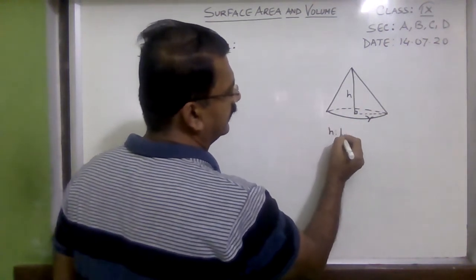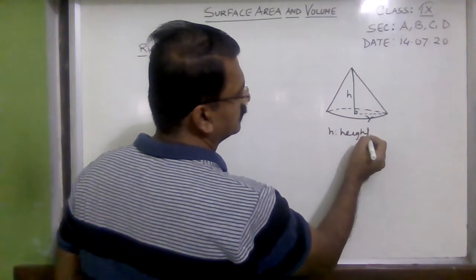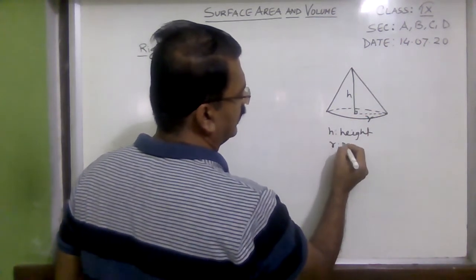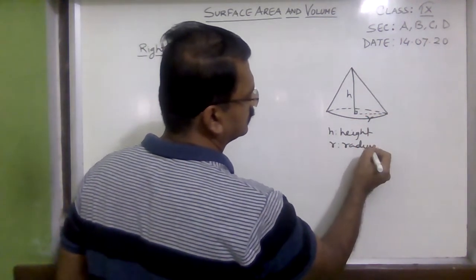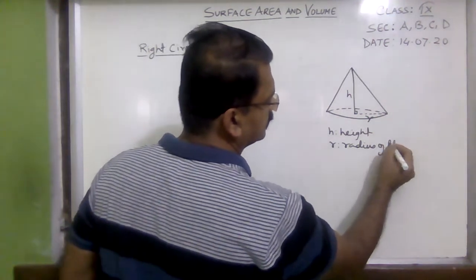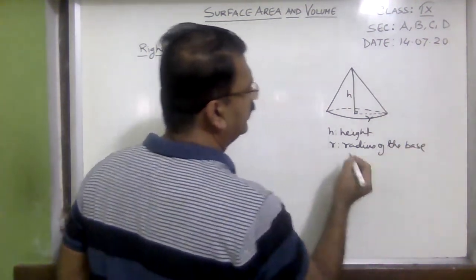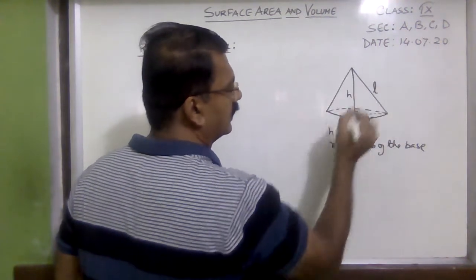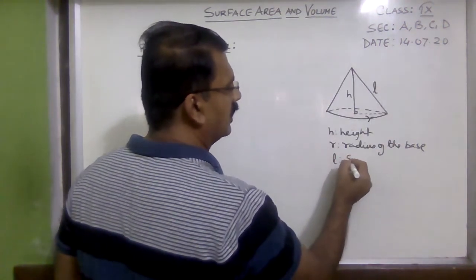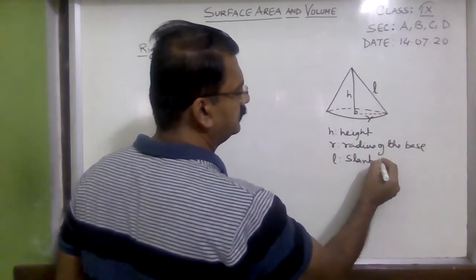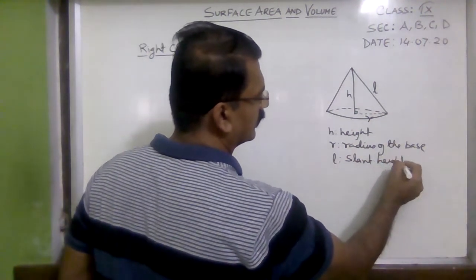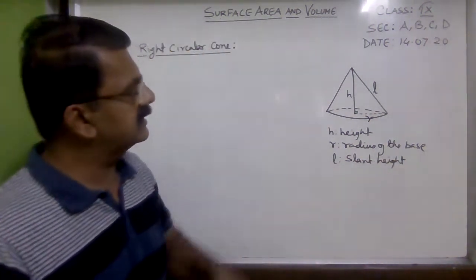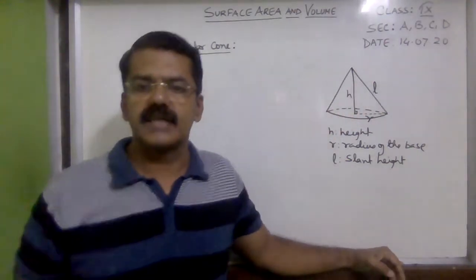H is the height. R is the radius of the base. And this length is denoted by small l, and it is called the slant height.